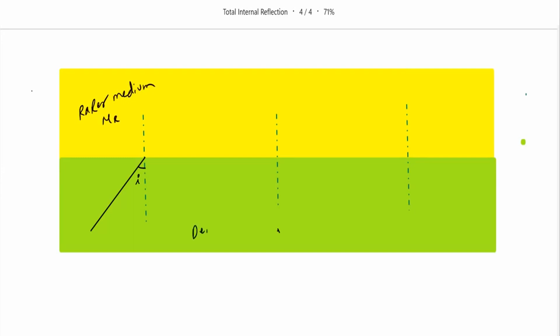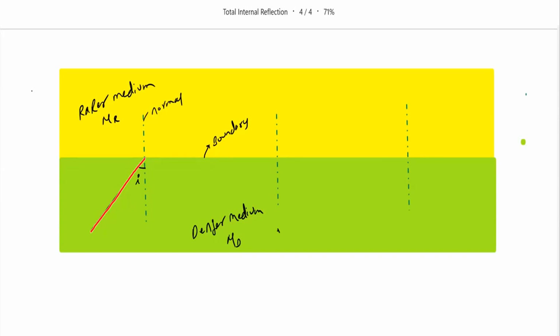Let this be the denser medium, mu d, and this will be the normal. We'll call this a boundary or an interface. So the ray of light is now moving from denser medium to rarer medium.